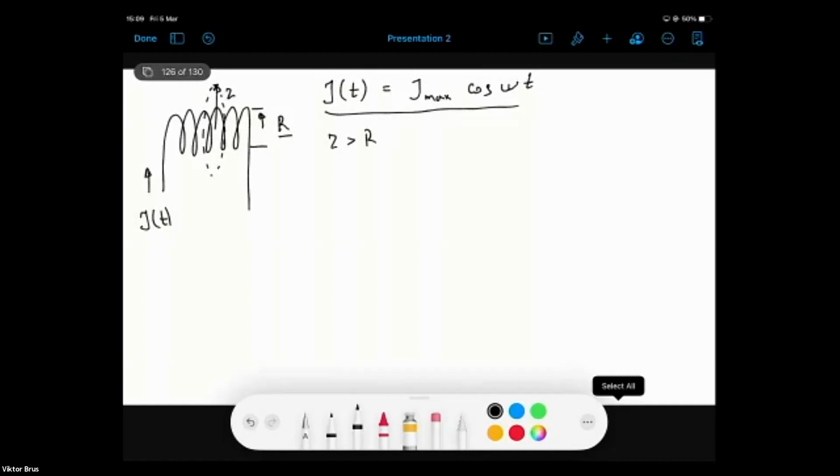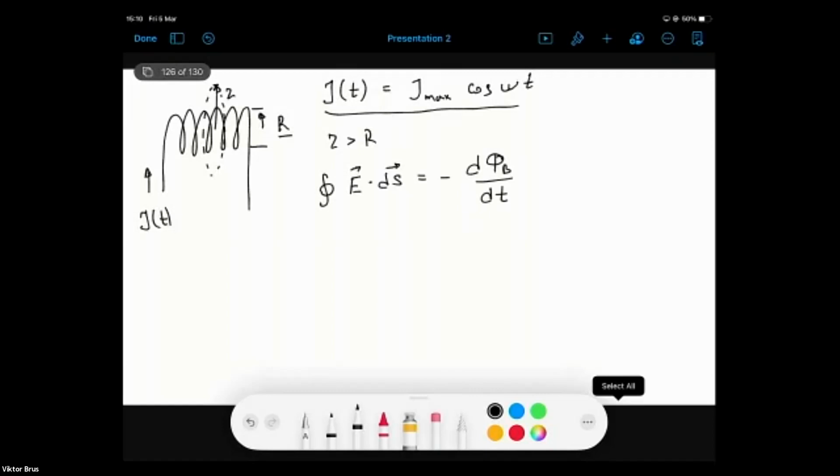Okay, so in order to proceed further, we definitely need to recall Faraday's law in general form, which we considered during the last lecture. So this line integral over a closed path of the scalar product of the electric field vector times the ds vector is equal to minus d magnetic field flux over dt.